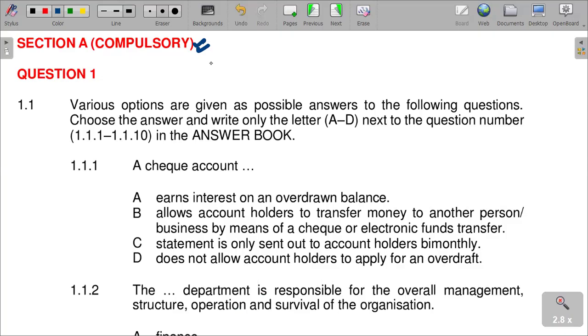As you can see, our answer is B. A check account allows account holders, the owners of the account, to transfer money by means of a check or electronic fund transfer.